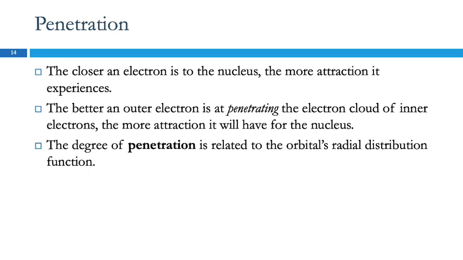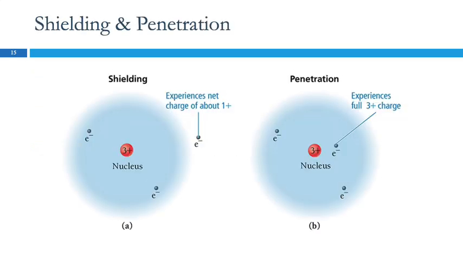If it's further away, it's not as attracted. So if the orbital or the energy cloud that this electron is in is able to be closer to the nucleus, it's going to be more strongly attracted. And if it's further away, it's less strongly attracted. And so what we'll see is that some of these orbitals will penetrate or go through other orbitals and get closer to the nucleus.